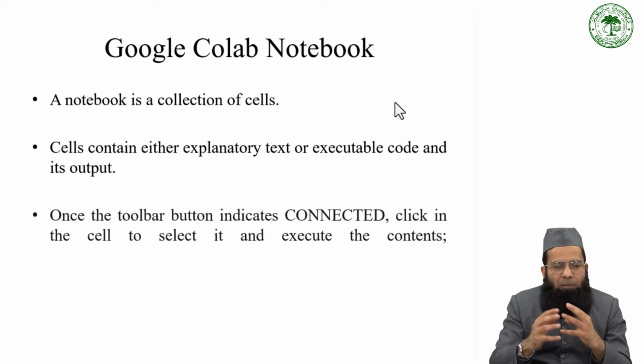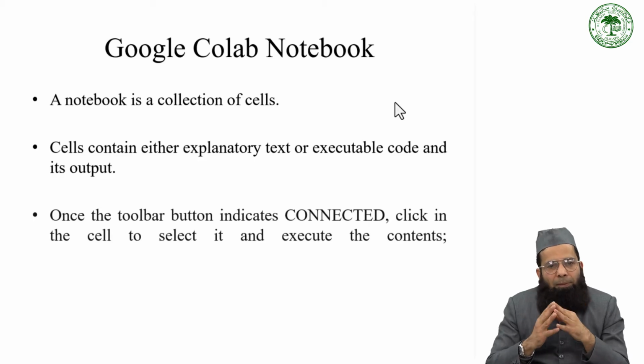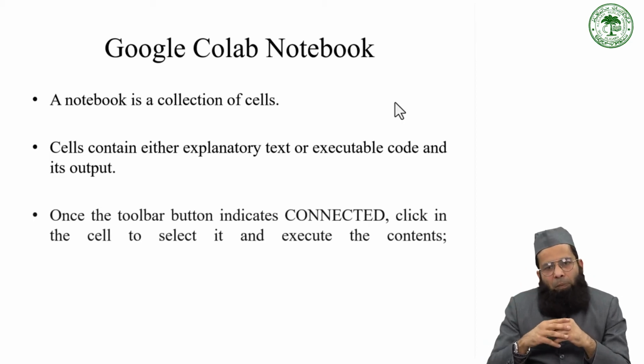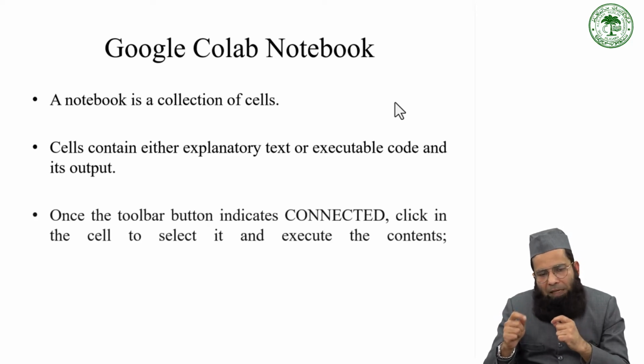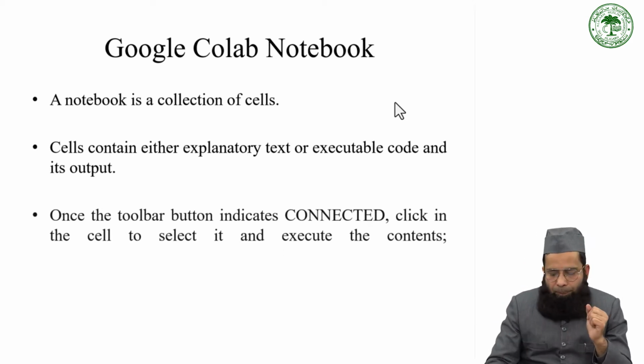This is the whole portion of cells. Once the toolbar button indicates connected, so you need to connect the processor first, right? There is an option at the top right where you will see the option to connect. Once you click on connect, then the content of your cell, the statements that you have written in your cell, can be executed.